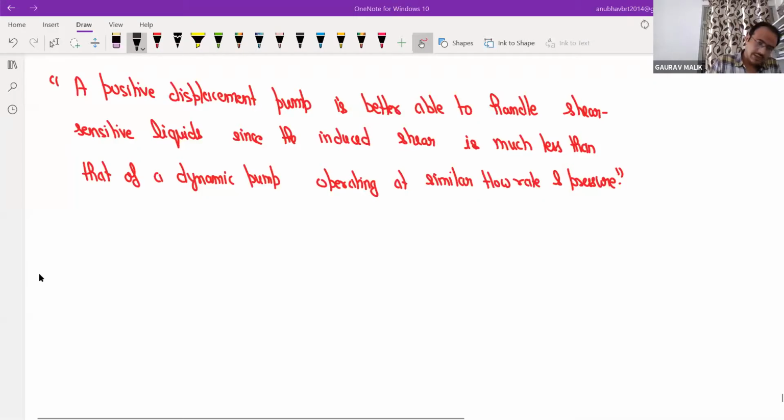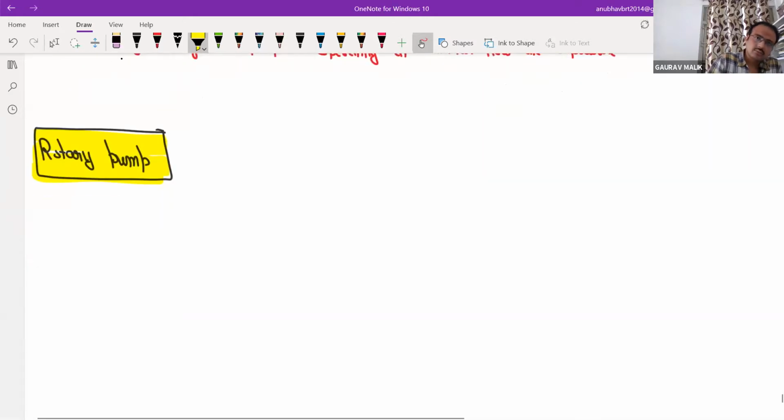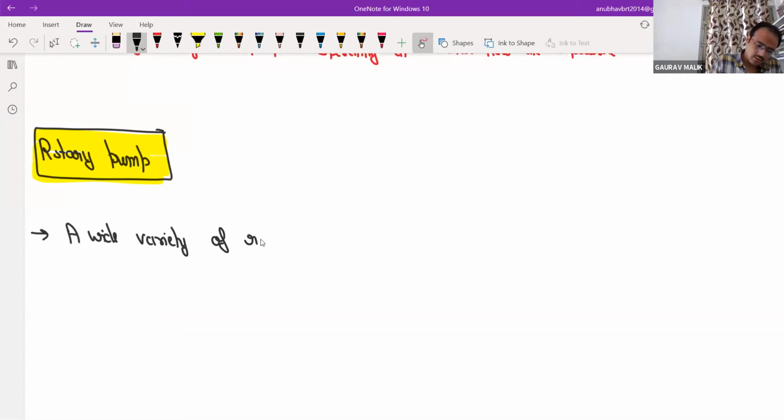Second last, rotary pumps. A wide variety of rotary positive displacement pumps are available.